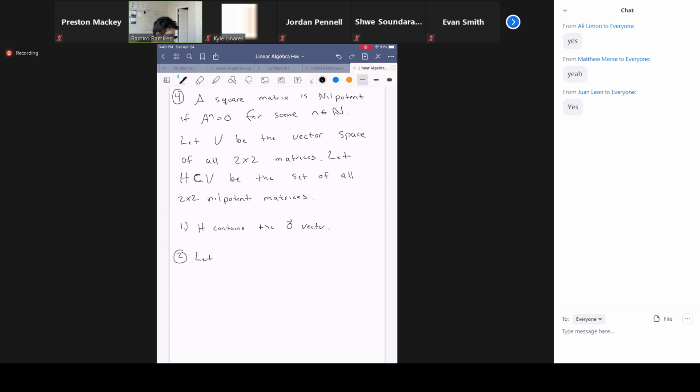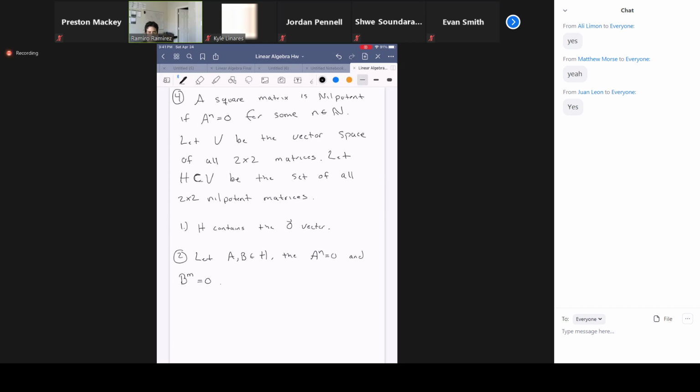Okay, so let A and B be in H, right? Then A to the n is equal to 0, and B to the m is 0, right?